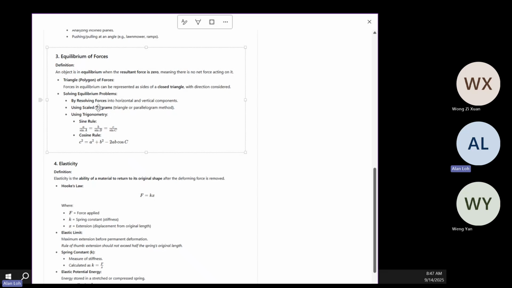Now, to solve equilibrium problems, you can use trigonometry. Trigonometry can help you to solve equilibrium problems. So you can have two types of method to solve these equilibrium forces, whether you use the triangle or you use trigonometry. Trigonometry is those sine, cosine, tangents.